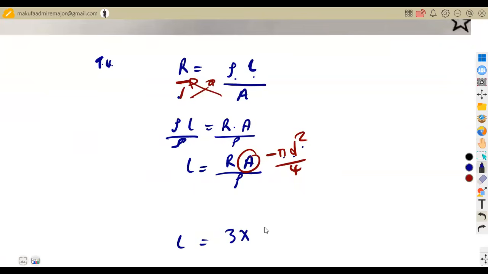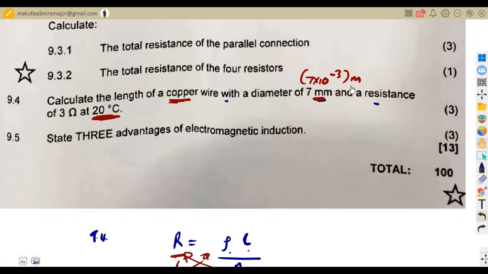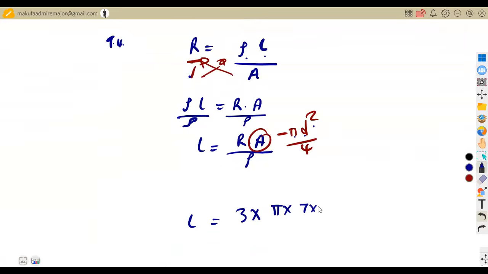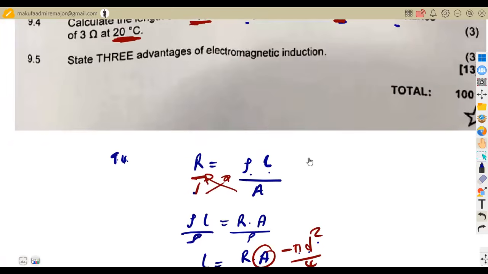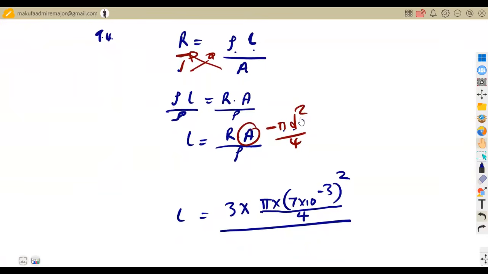Remember, it's pi d squared over 4, so pi times 7 times 10 to the exponent of -3 squared over 4, everything over the resistivity of copper at 20 degrees Celsius, which is given from our information as 0.000018, that's 1.8 like this.